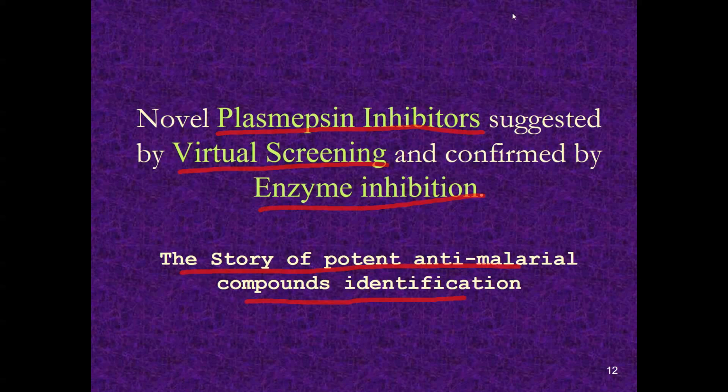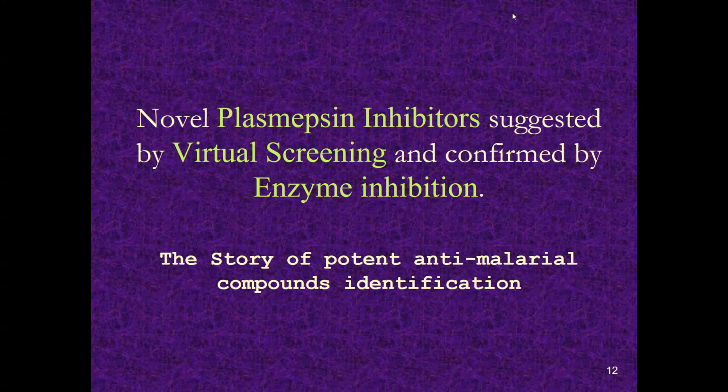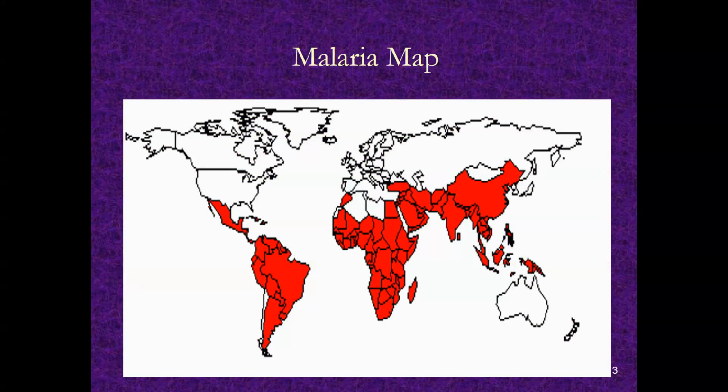Okay. So malaria is an important disease, and it is present in Asia, in Africa, and mostly in South America, and it is not present in North America and in Europe. It is mentioned in this slide.